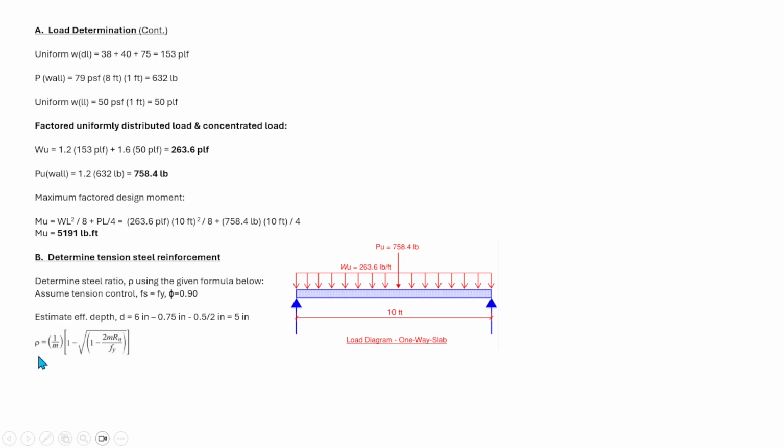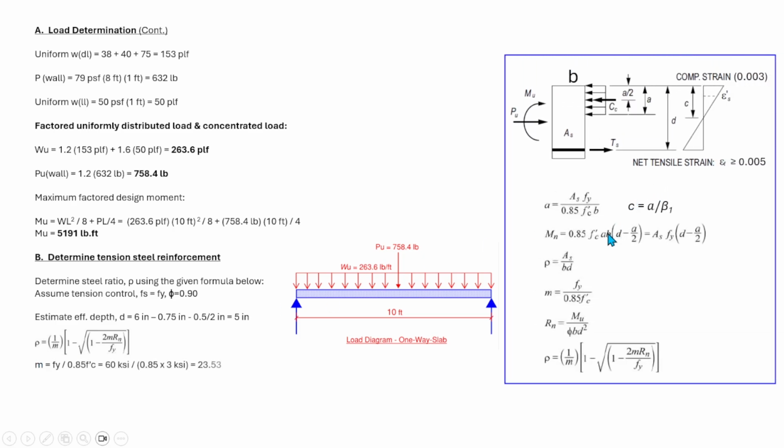So using this formula, that is based on our standard formula for flexure, if we substitute this to that formula, we will come up with the quadratic equation. To calculate the steel ratio, you need to determine first the values of m and Rn.